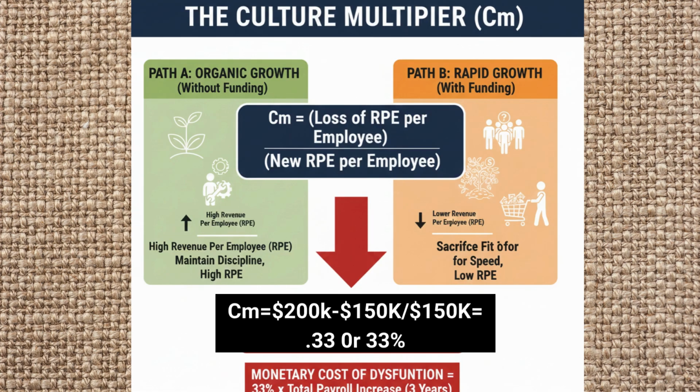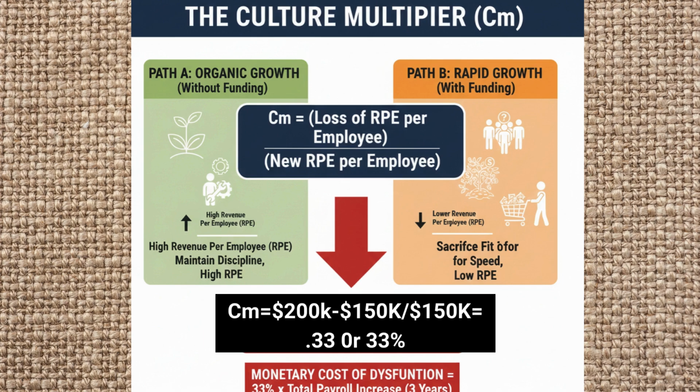We actually need to create a framework to understand this decay, which we can call the culture multiplier. When you inject large amounts of capital, the pressure to hire and spend often lowers your revenue per employee. The cultural multiplier is designed to quantify this drop in efficiency.